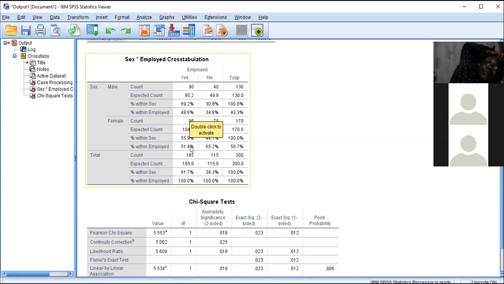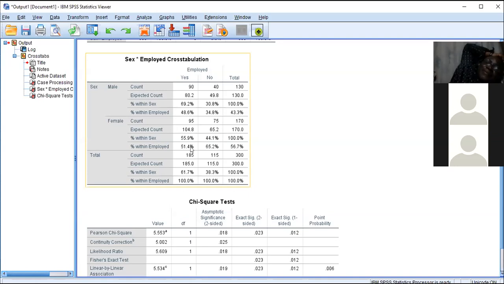So Jane, from that statement, who is more employed? You discover that 48.6% are male and 51.4% are female. Who is more employed? Can you all give me an answer?